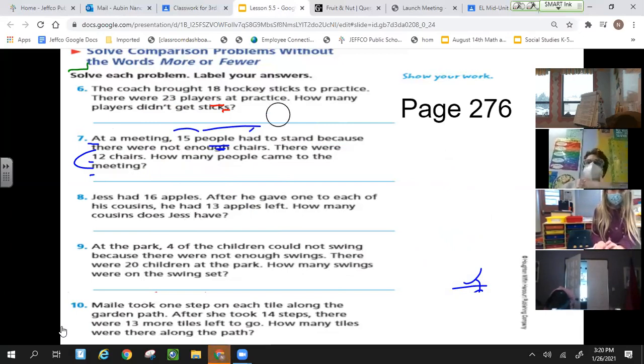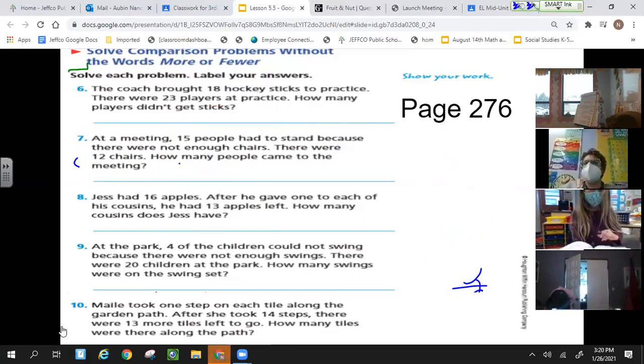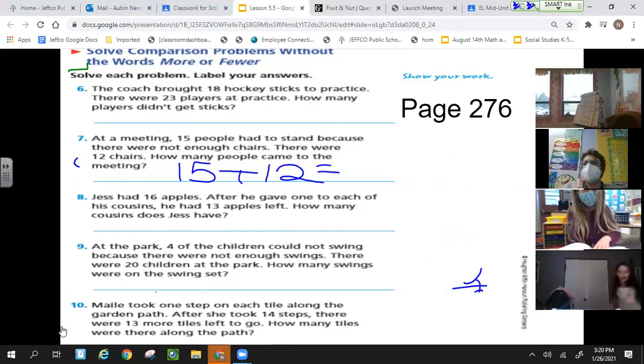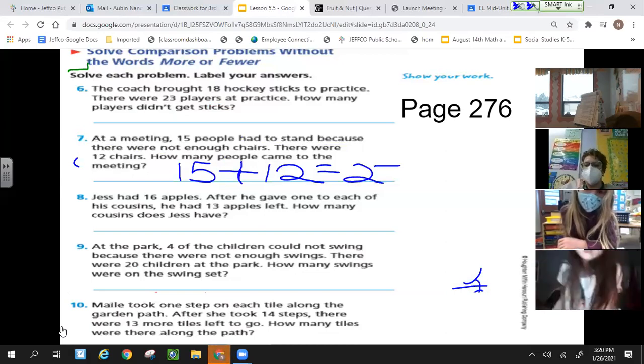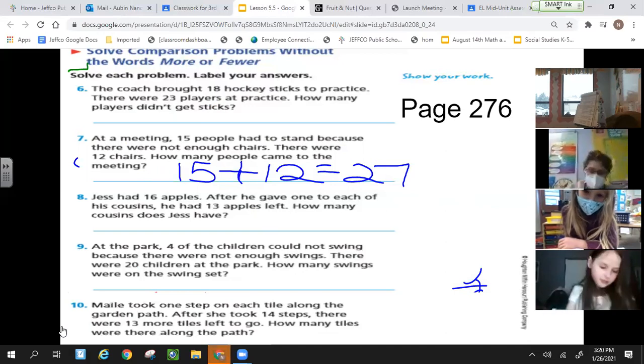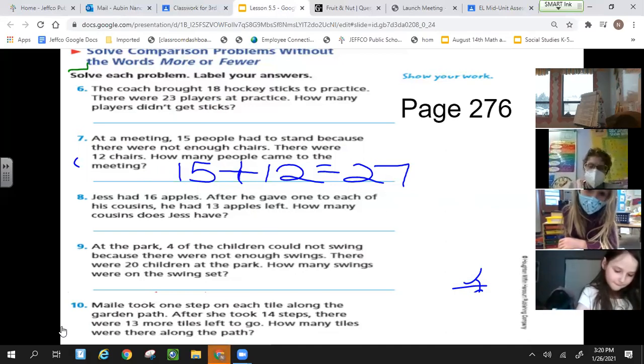Sunny Poe, what should we be doing? Addition. 15 people are standing and there's 12 people sitting in chairs that are full. How many people are at the meeting, Sunny? 27. All right, guys, that is how we do not get fooled.